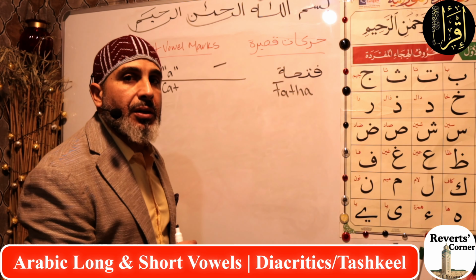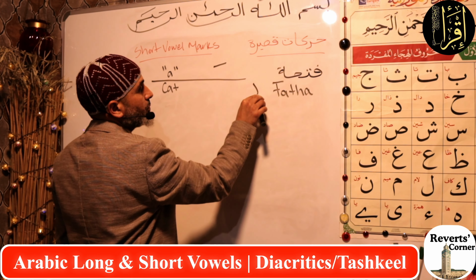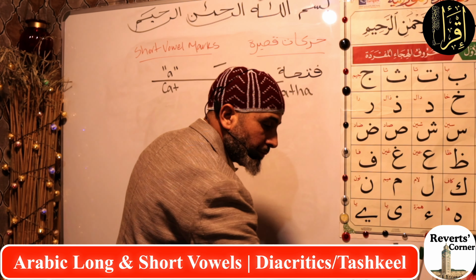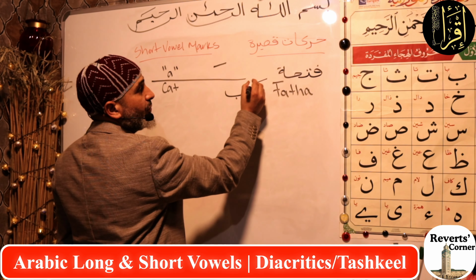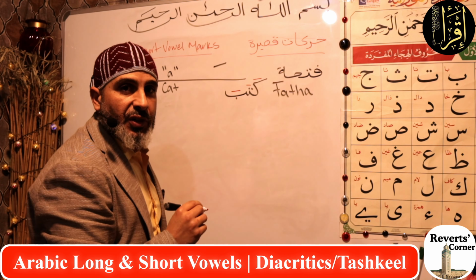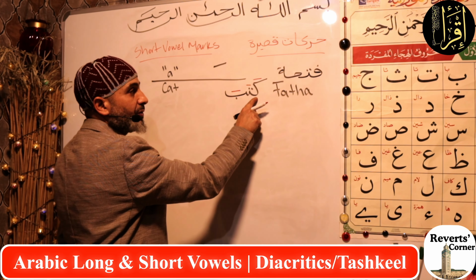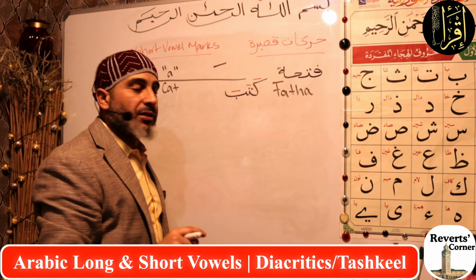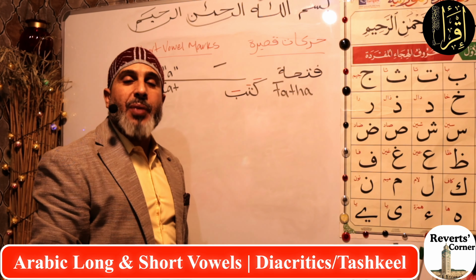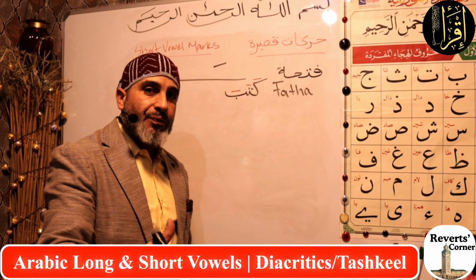For example, kataba with the fatha on all the letters. To assign the fatha: ka, ta, ba. The base consonant is kaf, ka, ta, ba. When the fatha is placed above the letter, this is the sound we get.